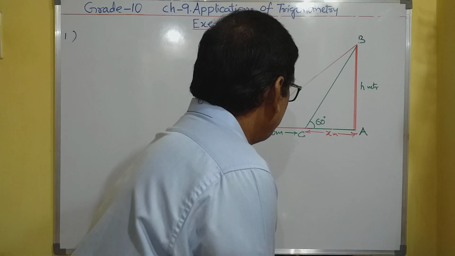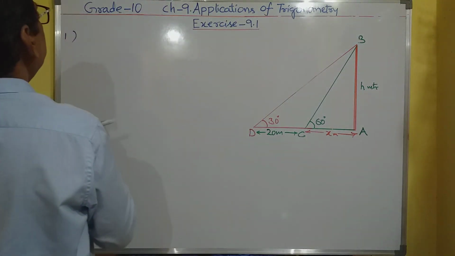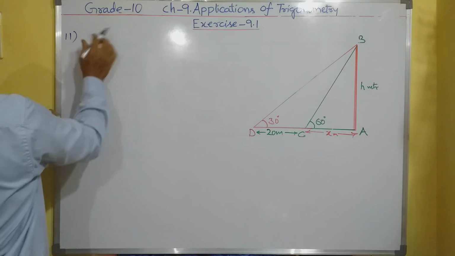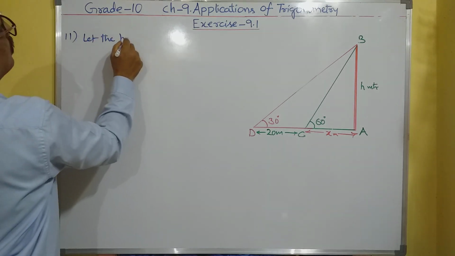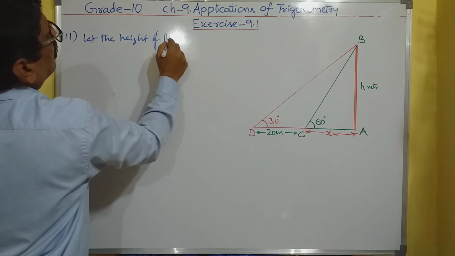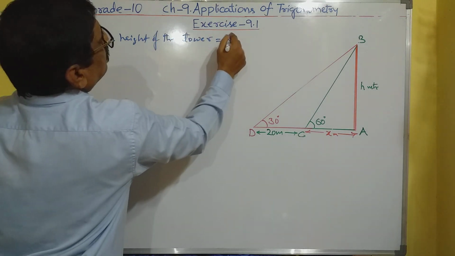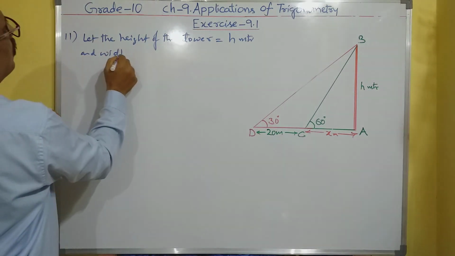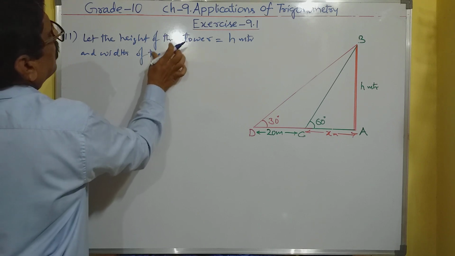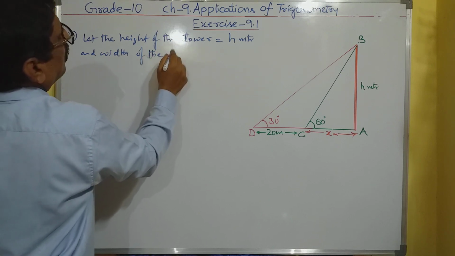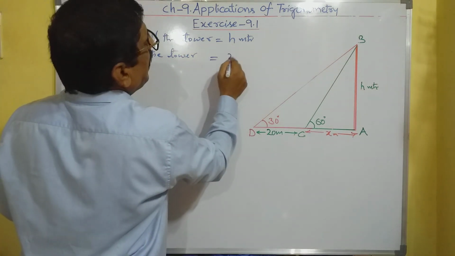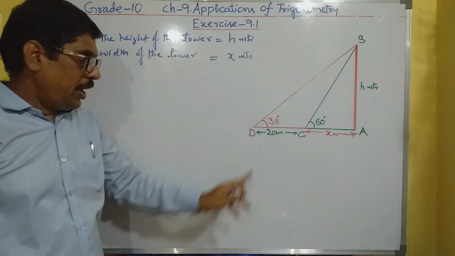Okay. Now let us do the problem. Now look at this. Let the height of the tower be equal to h meters, and the width of the river is equal to x meters, and we have 20 meters.